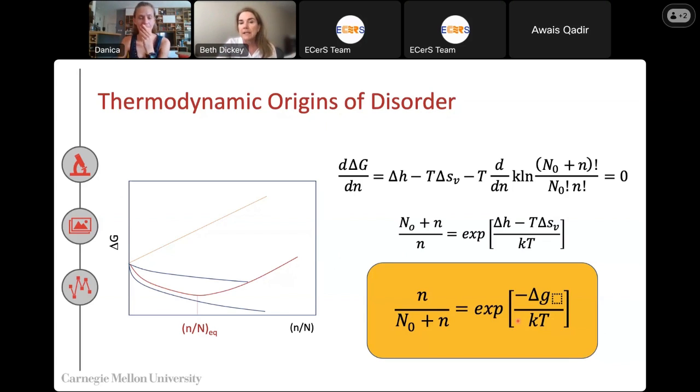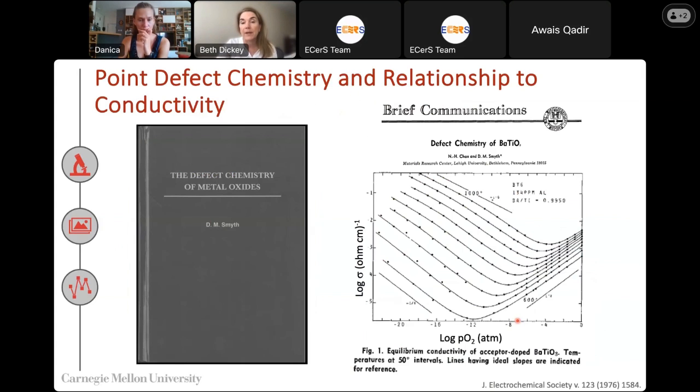Of course, things get a lot more complex when you move to electronic oxides, because you have many defects, they're charged, and it becomes more complicated than in the simple example that I gave. There are a couple of approaches to understanding defect chemistry in materials. And this is an old topic. This is one of my favorite books by Don Smith.